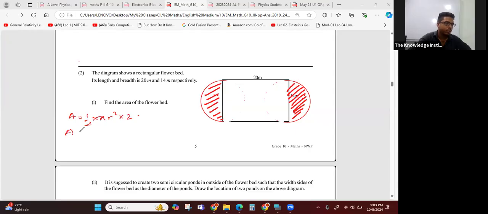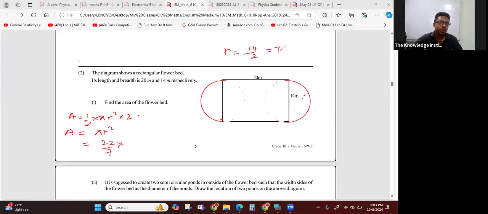So it will be A equals pi r squared. If you take two semicircles, you get again a complete circle. So the area will be 22 over 7 into r squared. The diameter is 14. So you can see here the diameter is 14 meters. So the radius will be half of the diameter. Radius is half of the diameter. Therefore, radius is equal to 14 divided by 2, which is 7 meters.